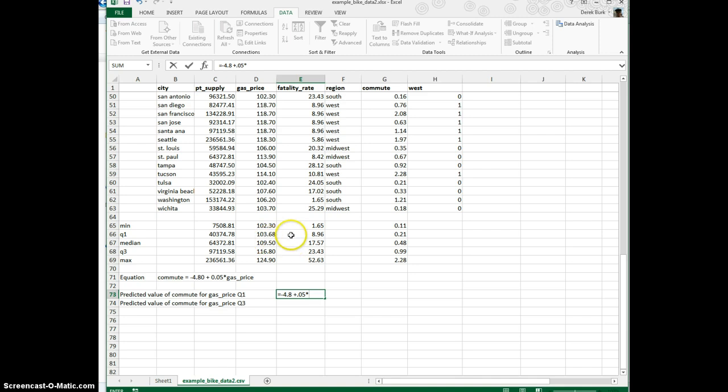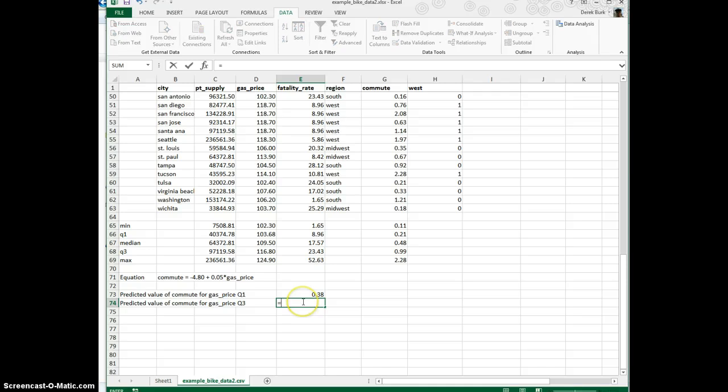It's 103.68. Okay, so that means that at the first quartile for gas price, I get a predicted value of commute of 0.38. So that means it's predicting that 0.38% of commuters are commuting by bicycle.